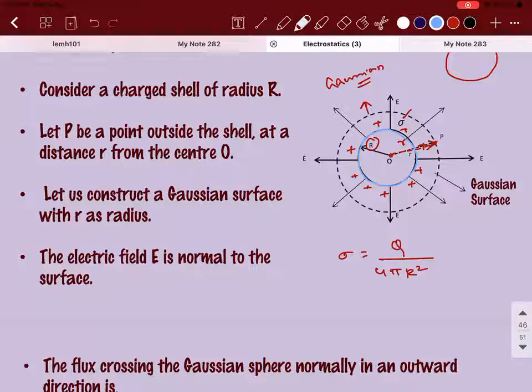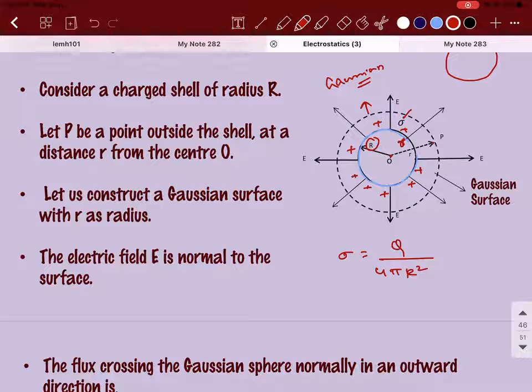Then take a point P outside the spherical shell, and from the center to that point P, consider the distance to be r. Next step: consider a Gaussian surface, that is another concentric sphere, and it should pass through P. So the radius of that Gaussian surface should be the distance from the center to the point where you're trying to calculate the field.